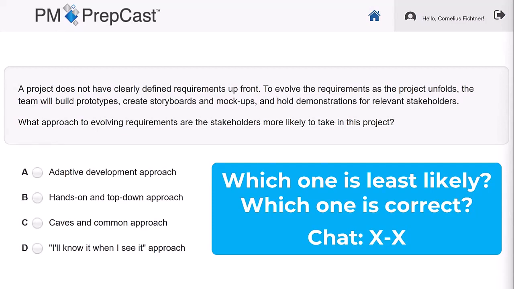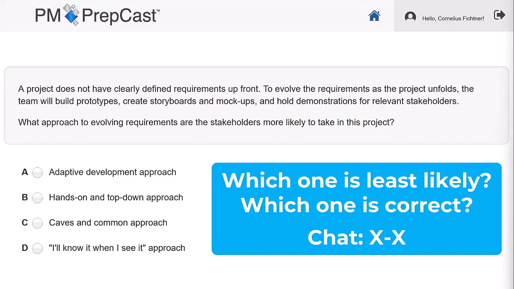All right, so here's the question. A project does not have clearly defined requirements upfront. To evolve the requirements as the project unfolds, the team will build prototypes, create storyboards and mock-ups, and hold demonstrations for relevant stakeholders. What approach to evolving requirements are the stakeholders more likely to take in this project?